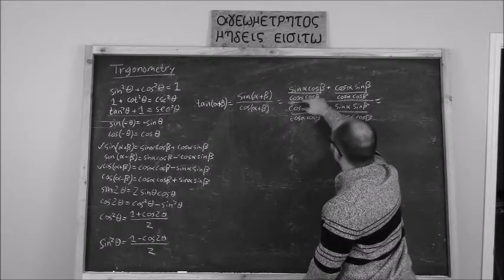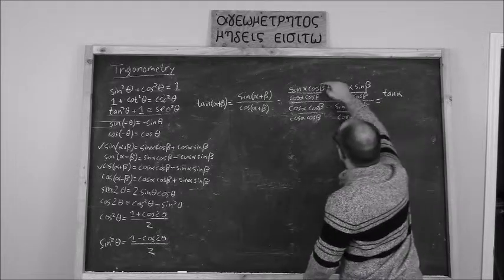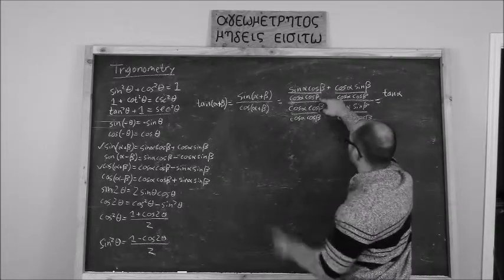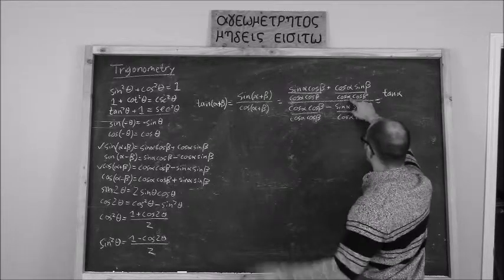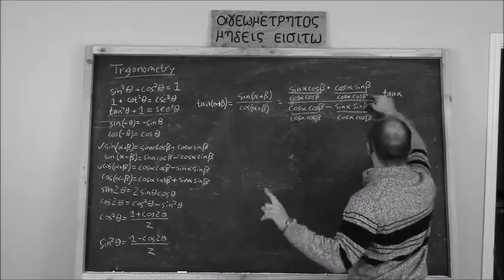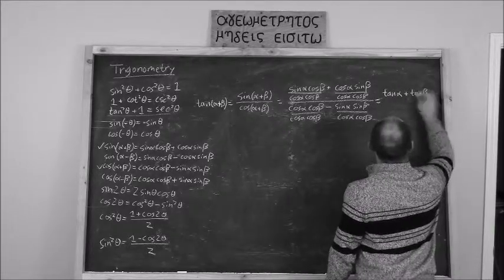Sine alpha over cosine alpha is tangent alpha. Cosine beta divided by itself is 1. Cosine alpha divided by cosine alpha is 1. Sine beta over cosine beta is tangent beta.